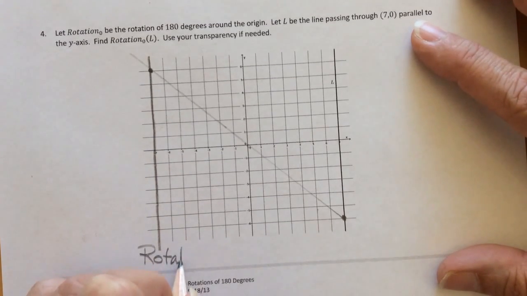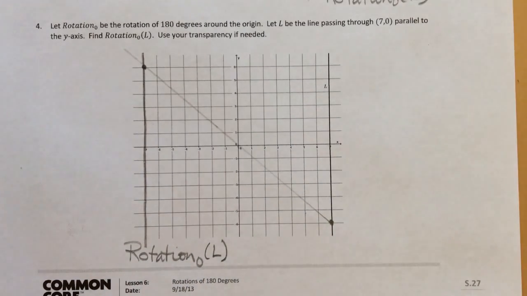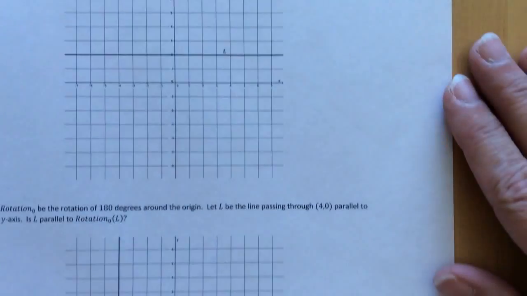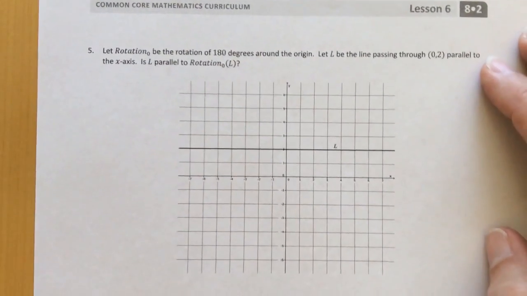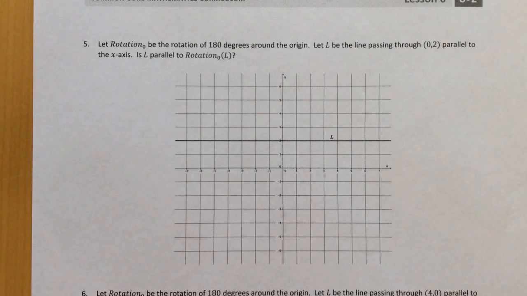So this is rotation about the origin of line L. Okay, so you are going to use these techniques and work on exercises 5 through 9, and then come back and we'll correct those together.